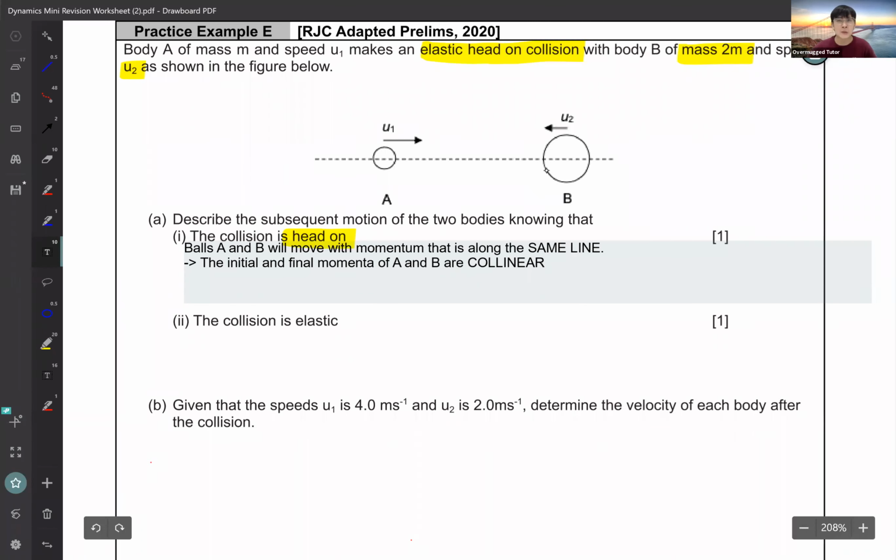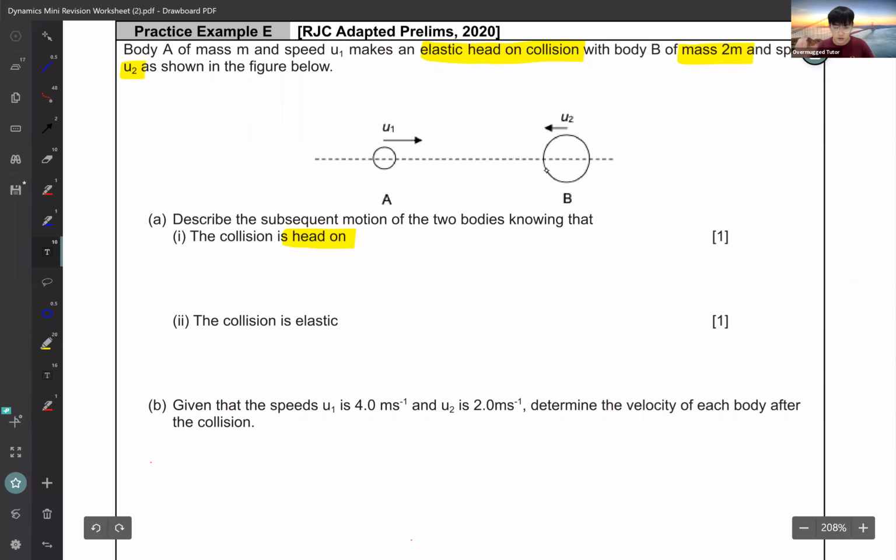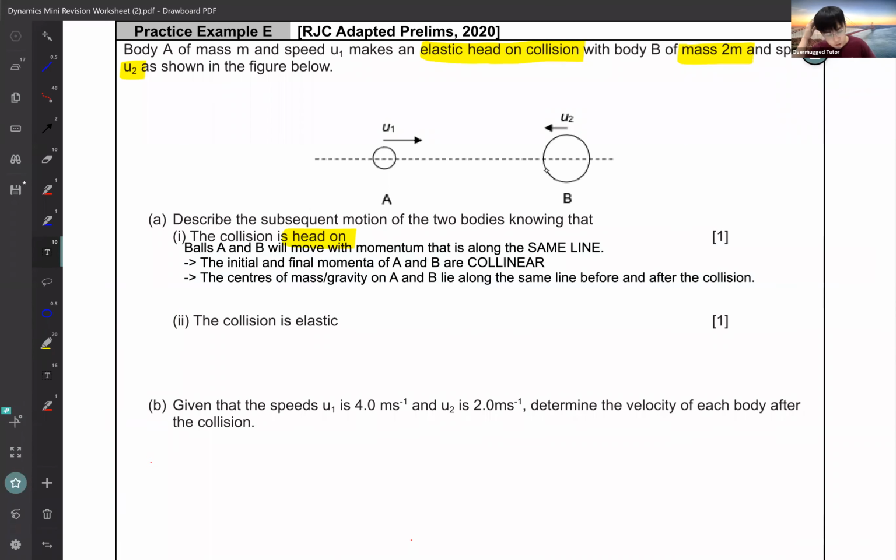I think you all know what this means from Sec 4 E-Math or Sec 3, I can't remember when you learned the word collinear, but it just means along the same line. Some of the other schools will also write something along the lines of: the centers of mass and gravity of A and B lie along the same line throughout, or rather before and after the collision. So that's what it means when we say a head-on collision.